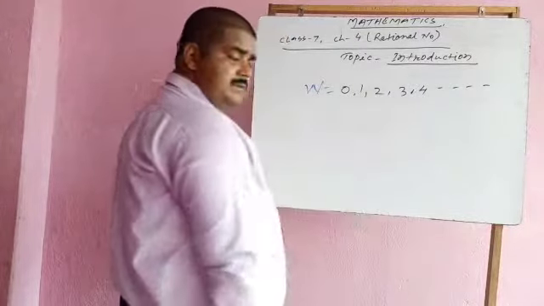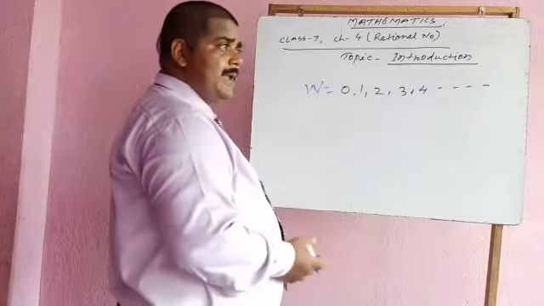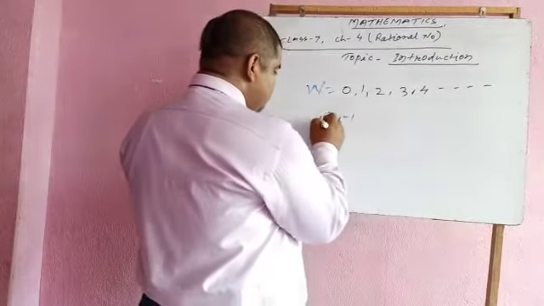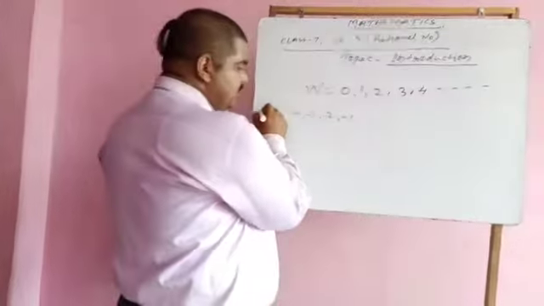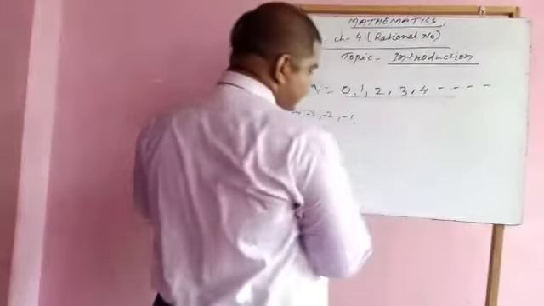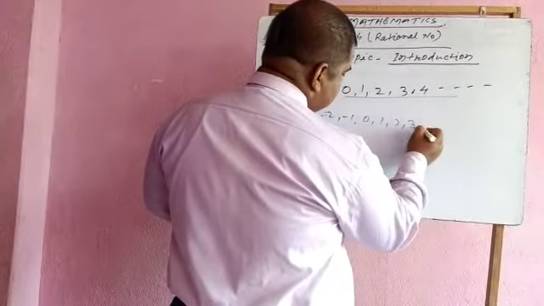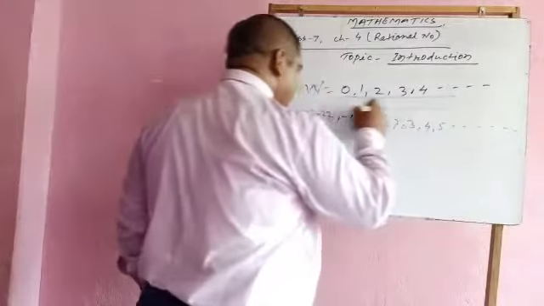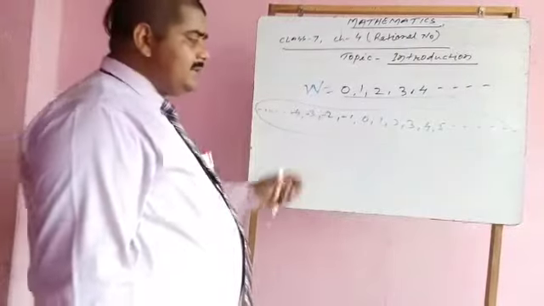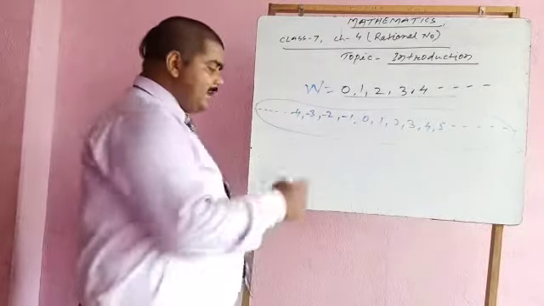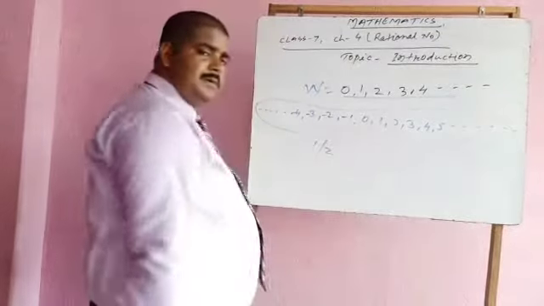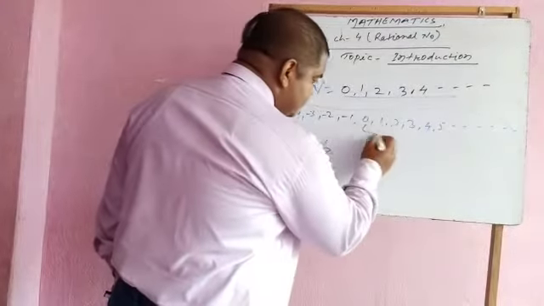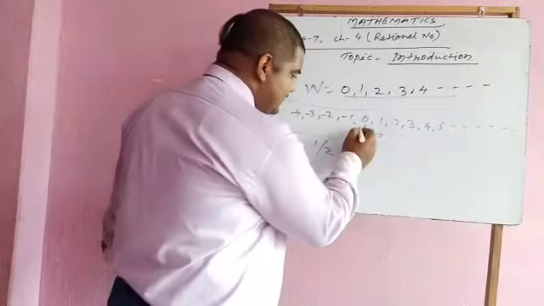When these whole numbers are included with the negatives of natural numbers, that is -1, -2, -3, -4 and so on, if you include all these numbers, 0, 1, 2, 3, 4, 5 and so on, then these numbers are known as integers, and integers are denoted by either I or Z. It has two major parts: one which is greater than 0, and second which is less than 0.